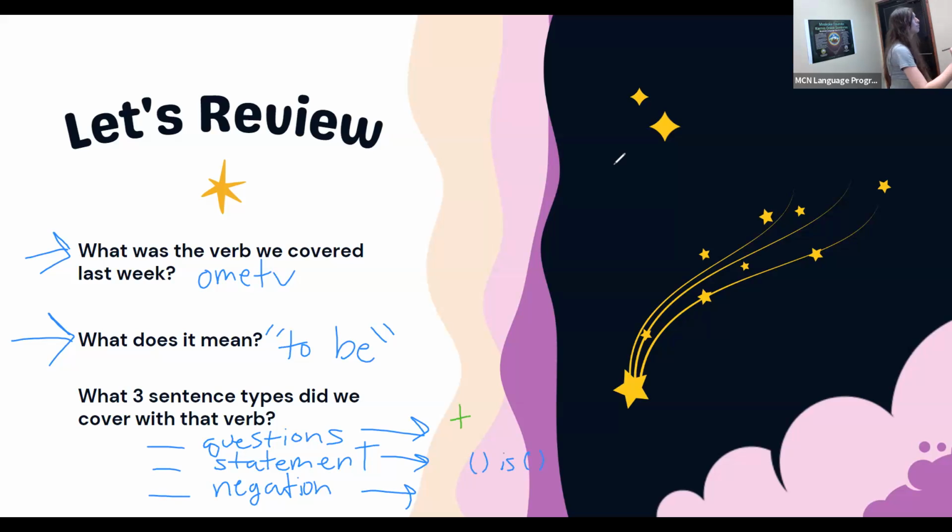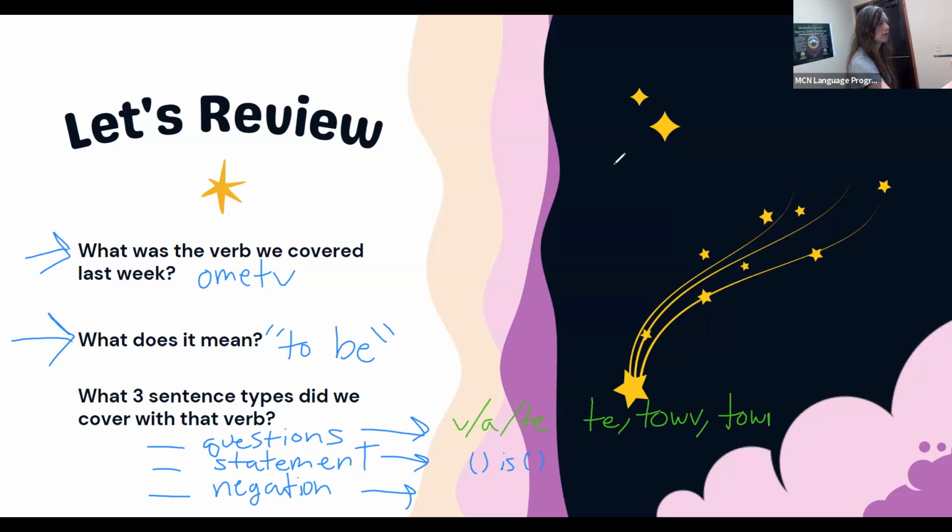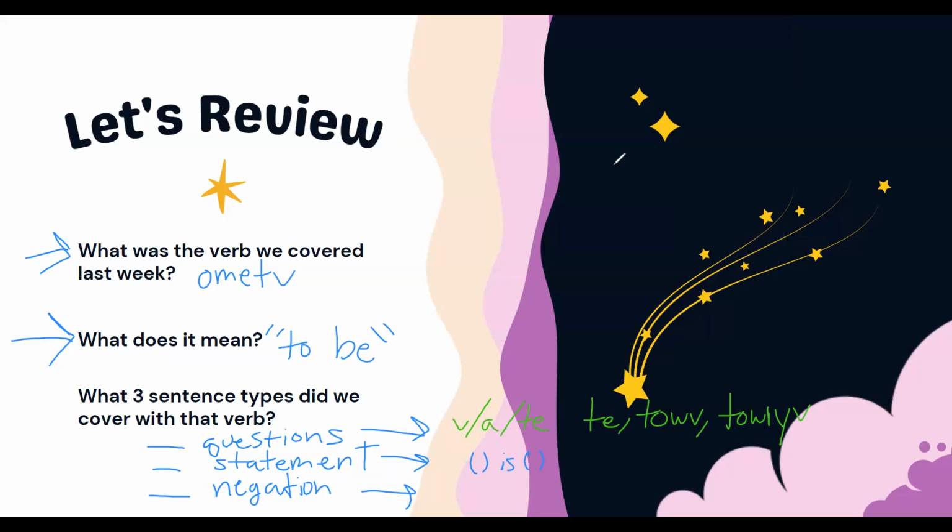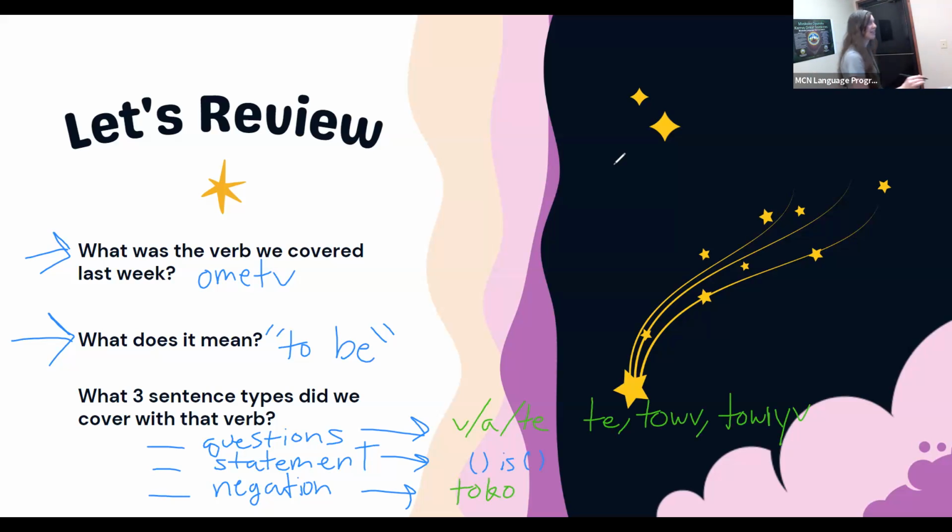More specifically, it's the D, right? D questions. So we have the D, we have Doa, Doeya, etc. And then for negation, what do we add? Dogo. Nice, Dogo.